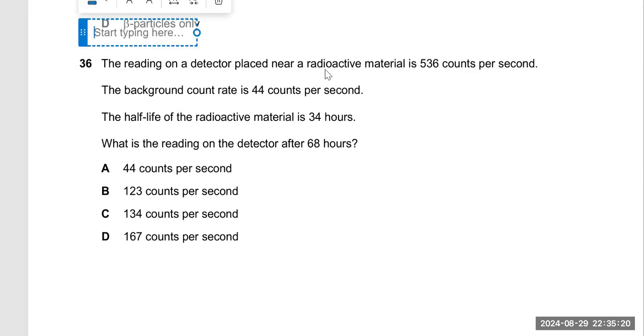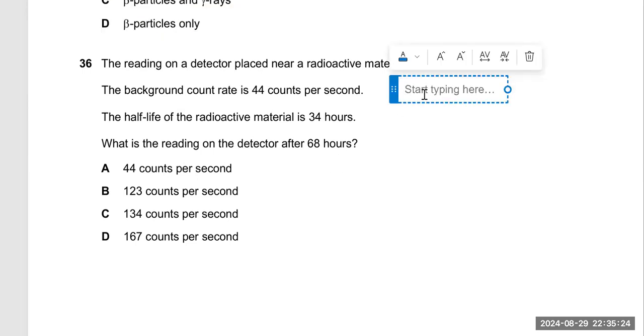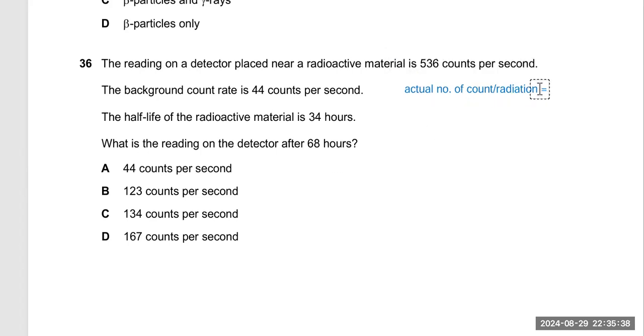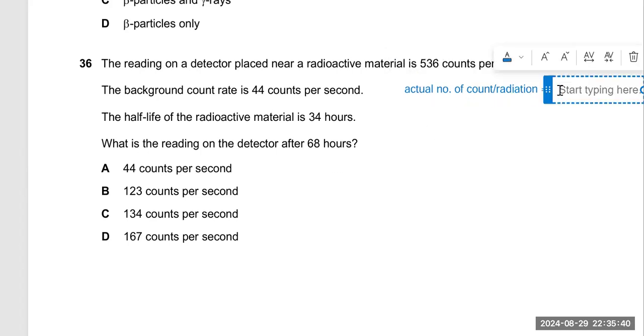First of all, you have to find the actual number of counts. Total was 536, so 536 minus 44.